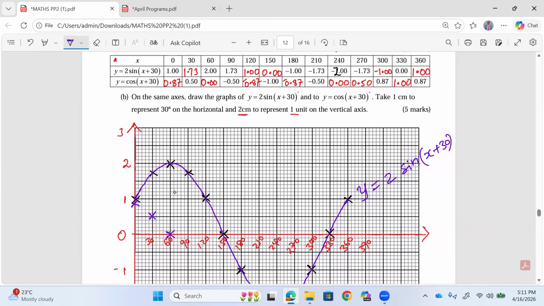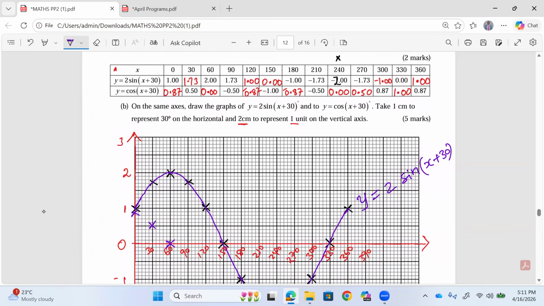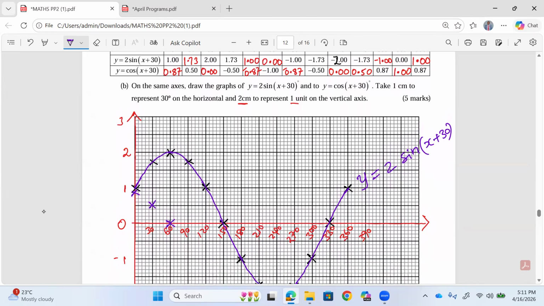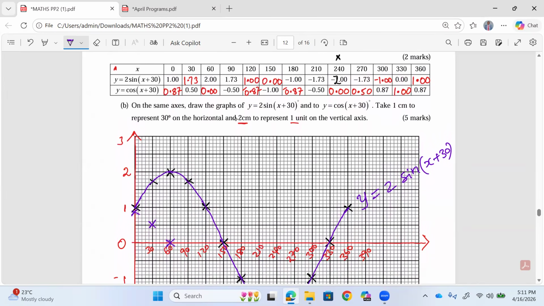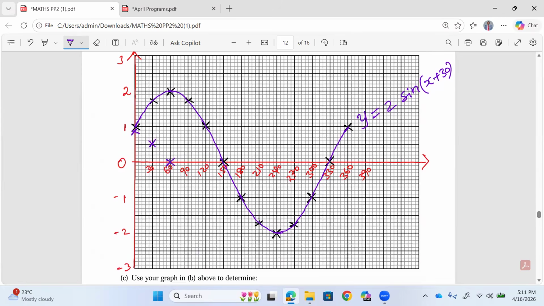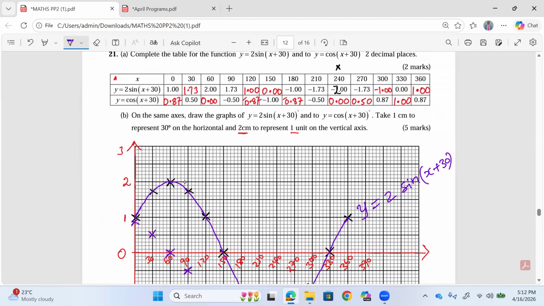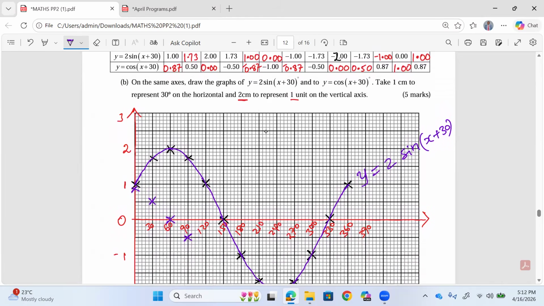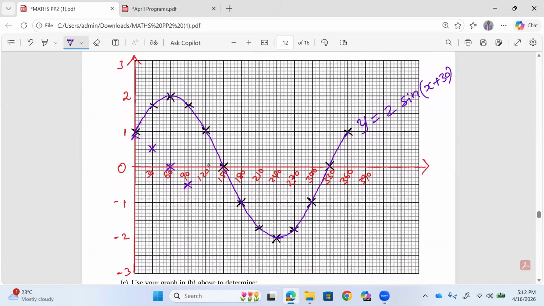Then from there, ladies and gentlemen, at 90, negative 0.5. At 120, negative 0.87.